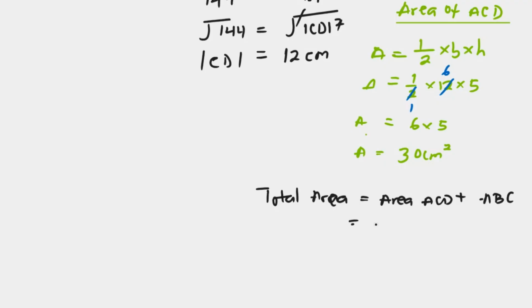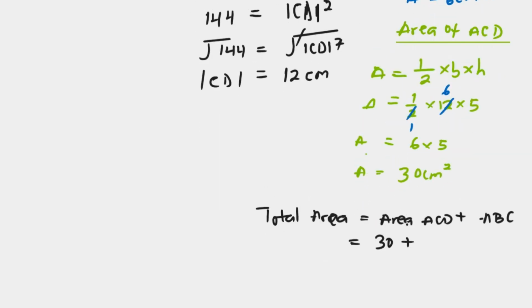And that's going to be 30 plus the previous one, which was 6. So we have 36 centimeters squared. So that's the area of ABCD.